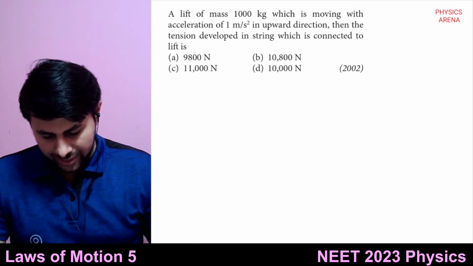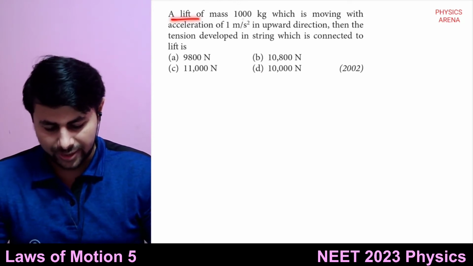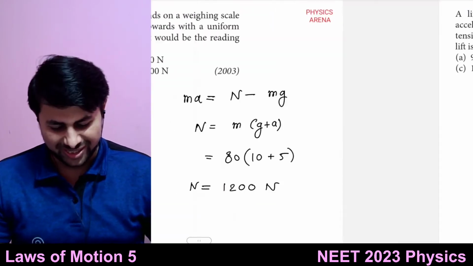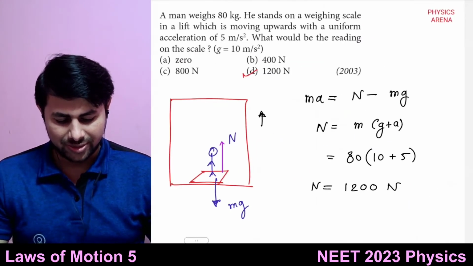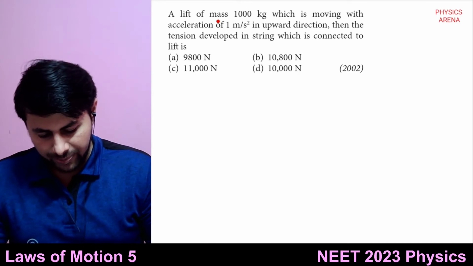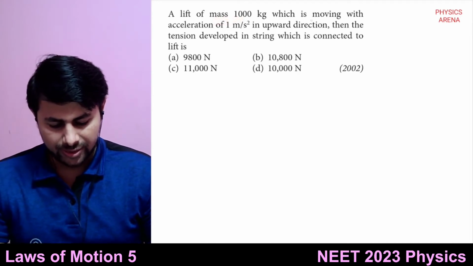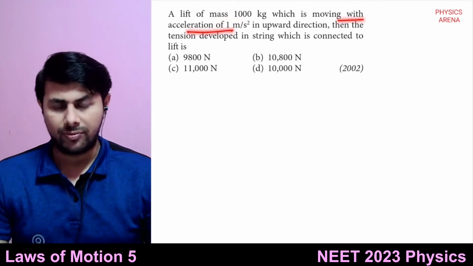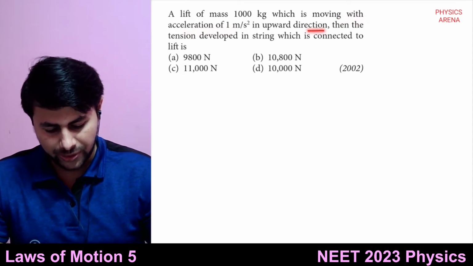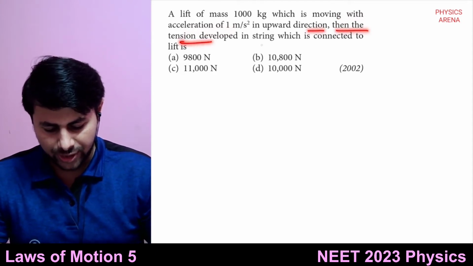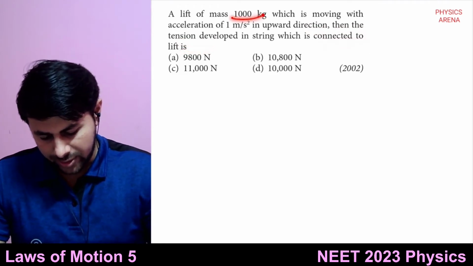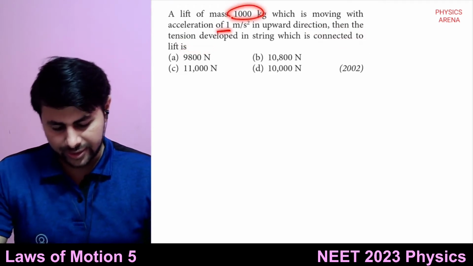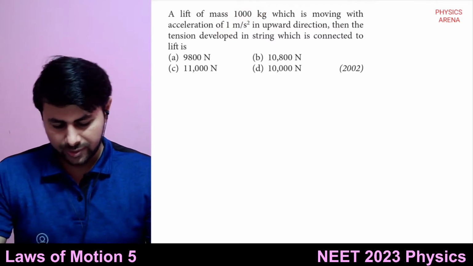All right. Next question. A lift of mass 1000 kg, which is moving with acceleration 1 meter per second squared in upward direction. Then the tension developed in the string which is connected to the lift is? See how many times it is repeated. These are all NEET questions. So it is 1000 kg and accelerating upwards, 11,000.